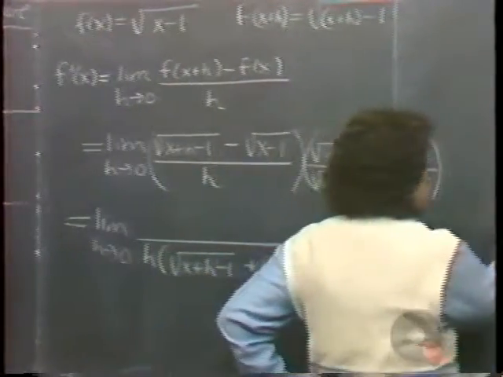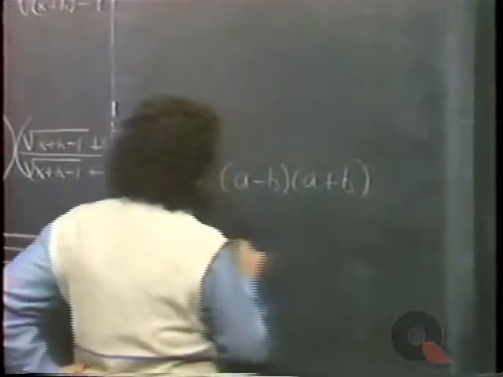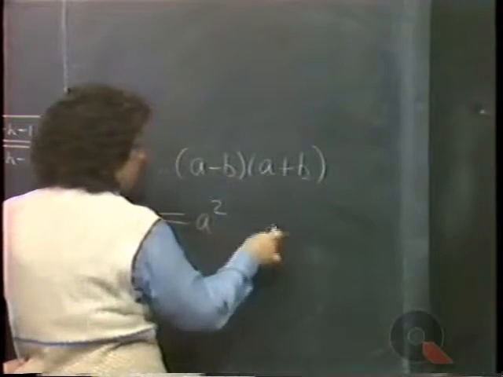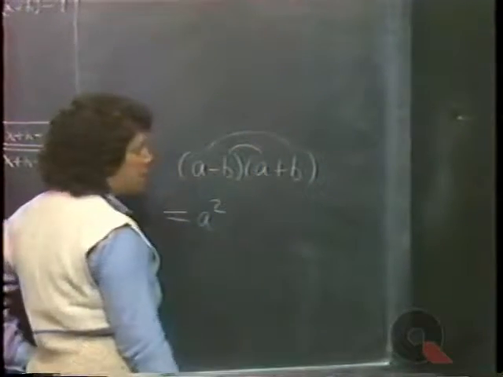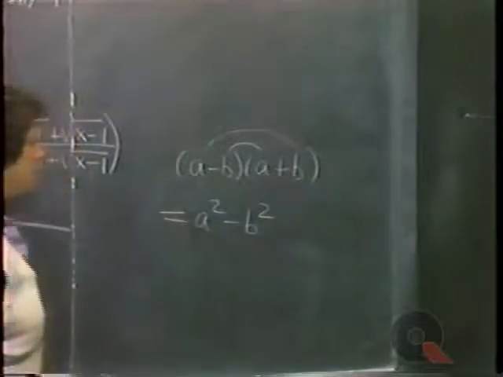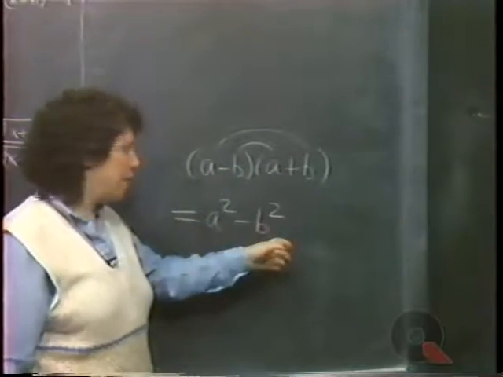And if you'll remember, a minus b times a plus b, when you multiply, first you get a squared. The outer and the inner, plus ab and minus ab, cancel out. The last is minus b squared. A minus b times a plus b is a squared minus b squared.